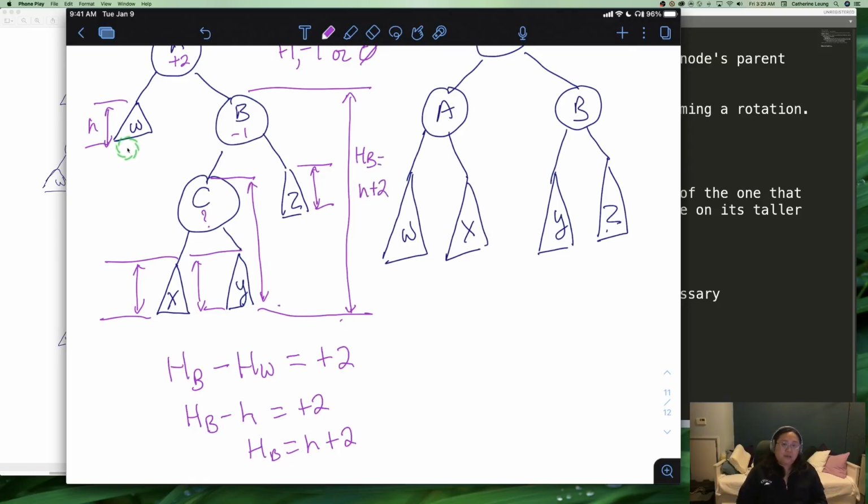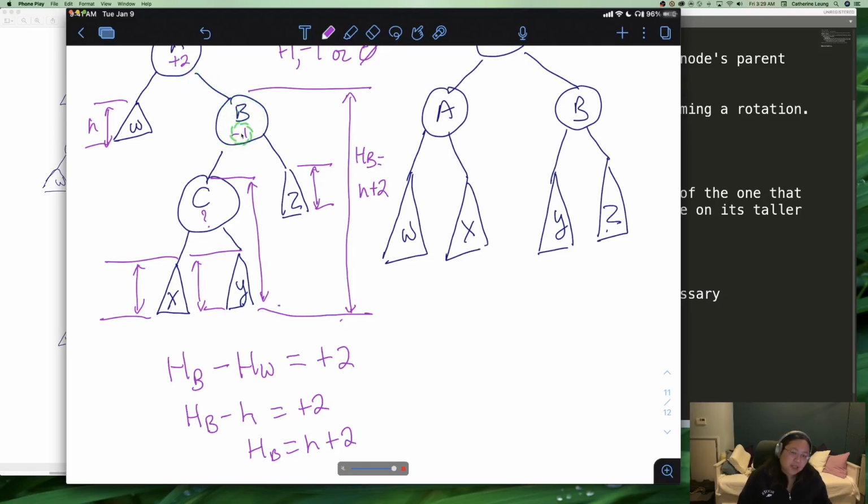Now, if B is h plus 2 tall, at this point, who is the taller of B's subtrees? In this case, B has a balance value of minus 1. Remember, we only do this if the signs are different. That's why if this is plus 2, this has to be minus 1 for us to be using a double rotation.